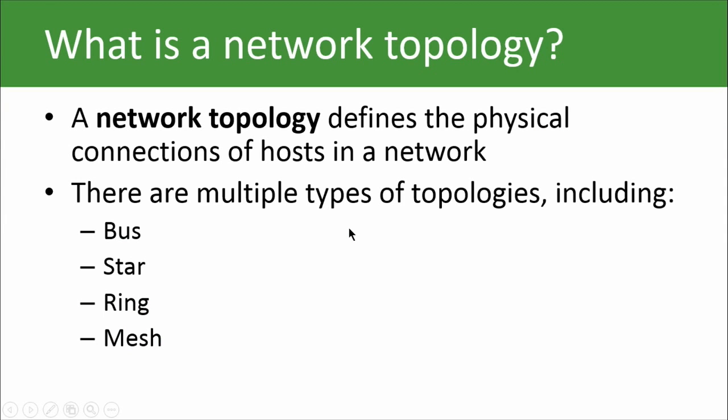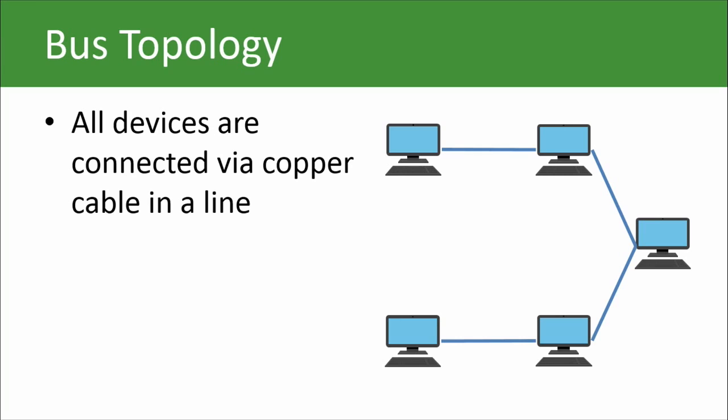Network topologies. A network topology just defines the physical connections of hosts in a network. And there are multiple types of these topologies, right? We've got bus, star, ring, and mesh. I'm going to go ahead and show you each of those right now and talk about how they function. All devices in a bus topology are just connected via copper cable and a line.